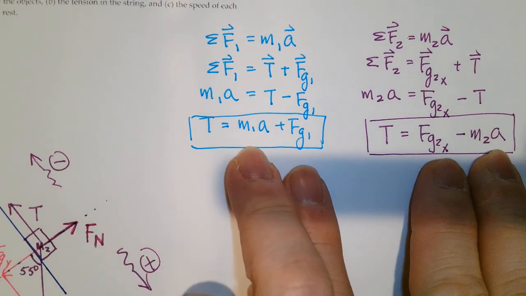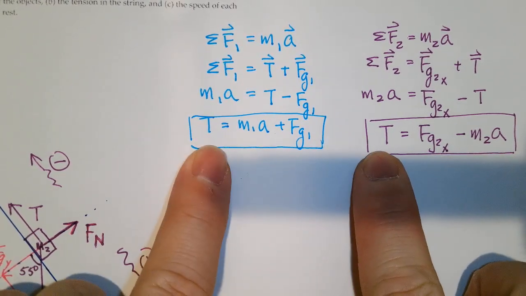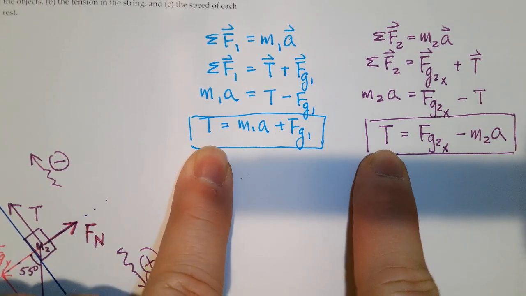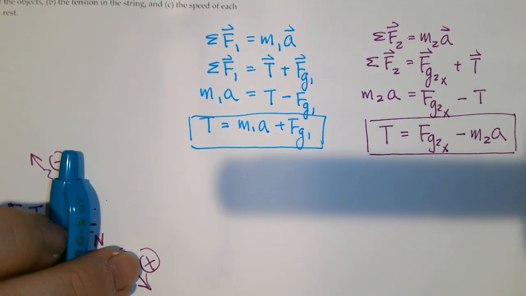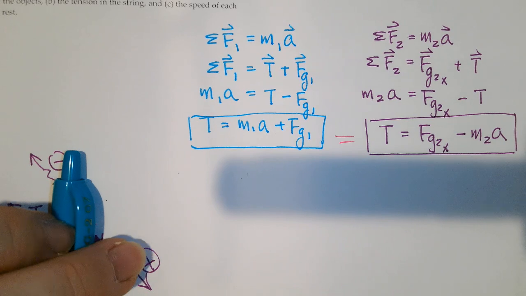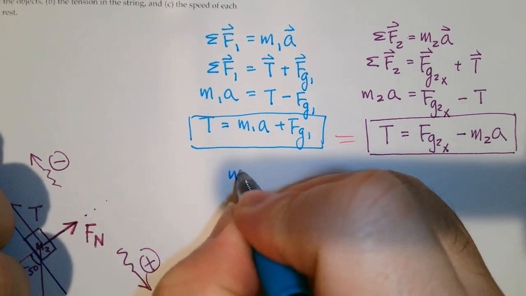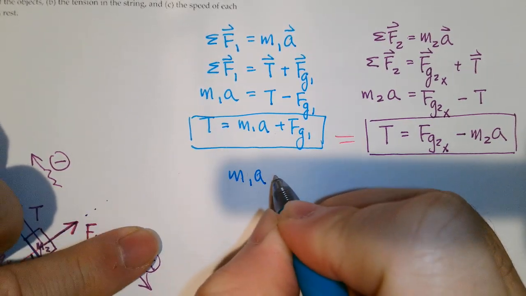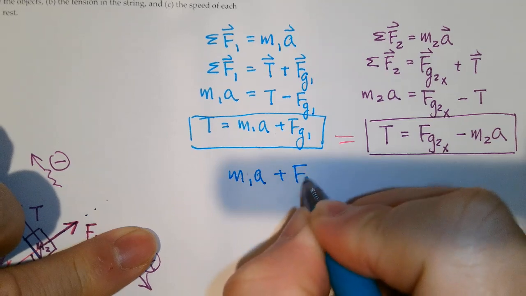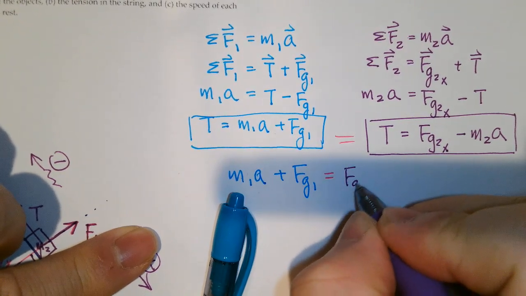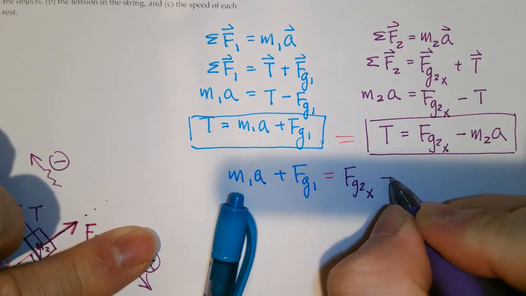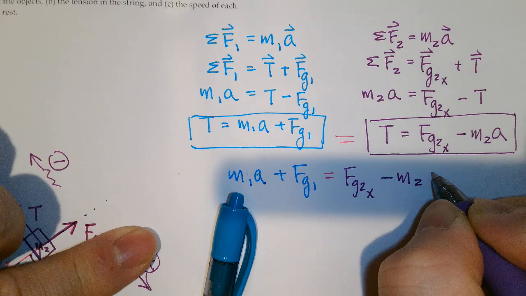Well, I could set these two tensions equal to each other because my tensions are identical. Okay? So I can set them equal to each other. So my M1A plus Fg1 is equal to Fg2x minus M2A.